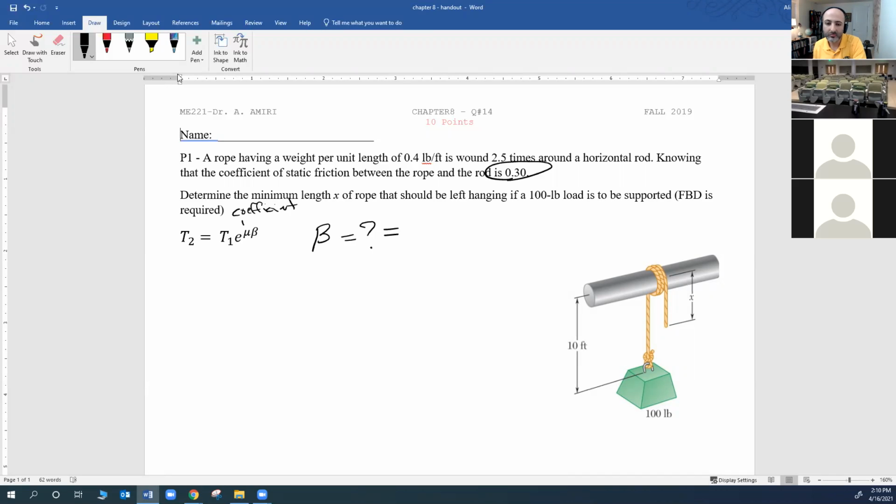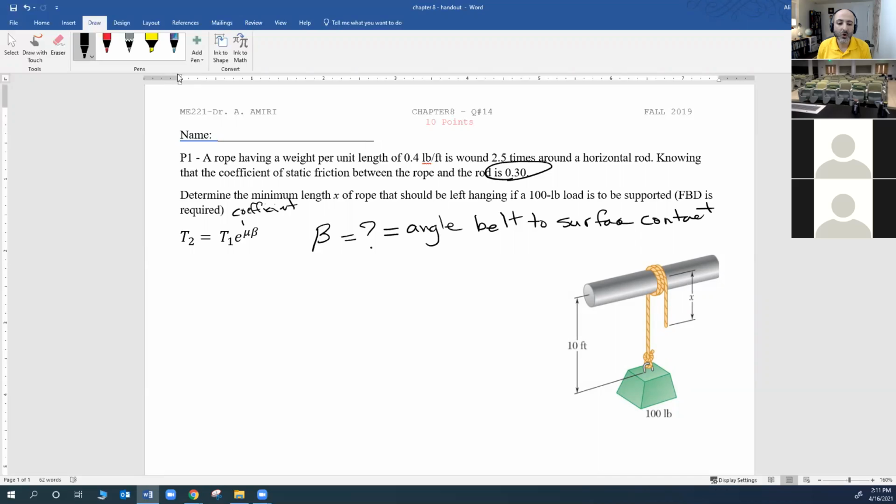Angle of belt to surface contact. Exactly, you said it completely. So it is how much this rope is contacting the surface of the pulley, whatever, in this case, a cylinder.